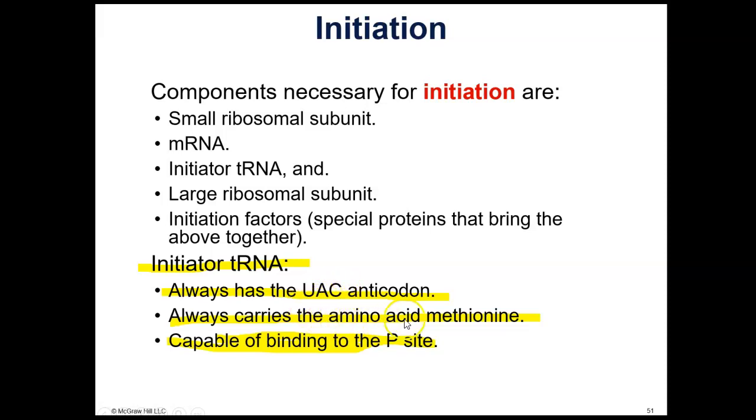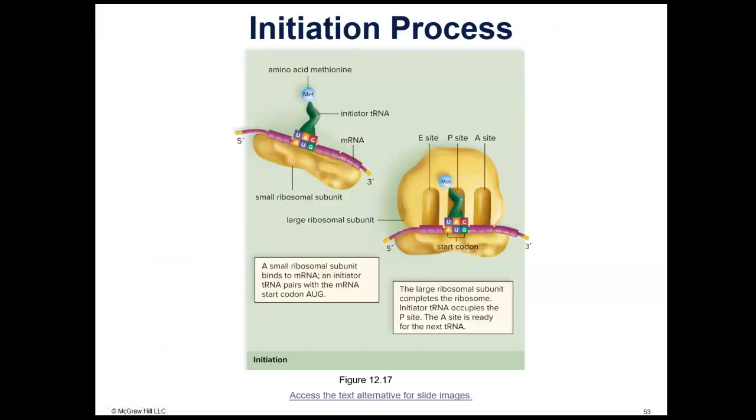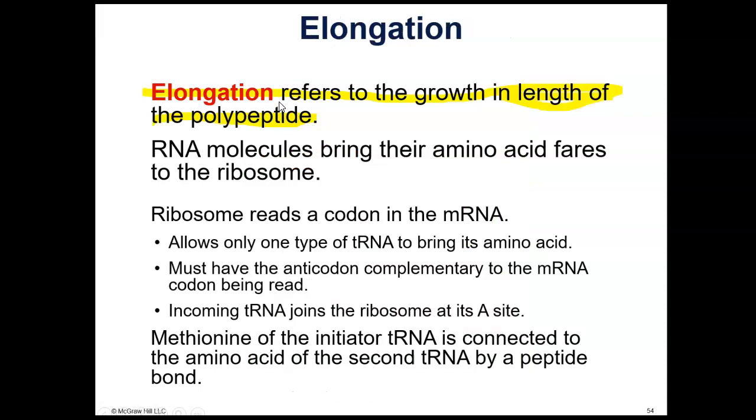And it always carries the amino acid methionine. All right, and here you can see the initiation process. You see the transfer RNA with its anticodon UAC binding to the codon AUG, and AUG is the start codon that codes for methionine. MET stands for methionine. So that's the initiation process.